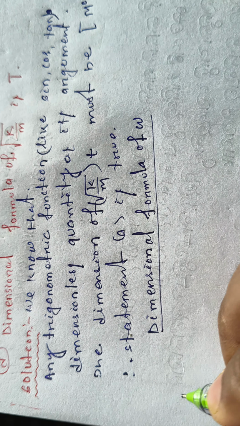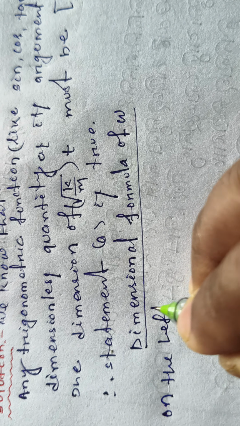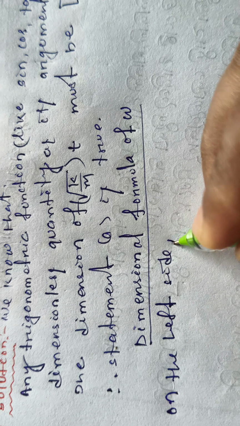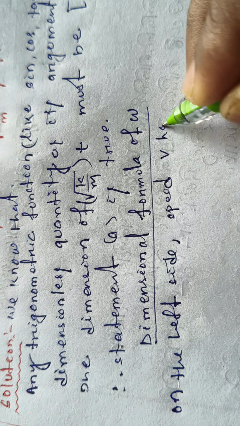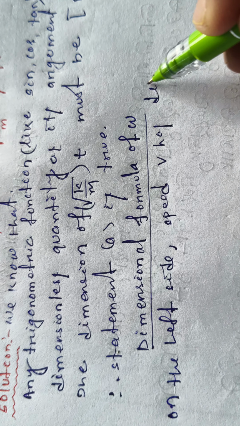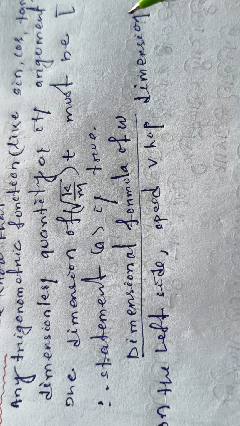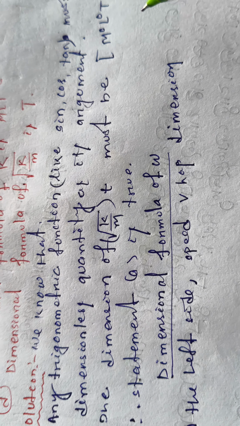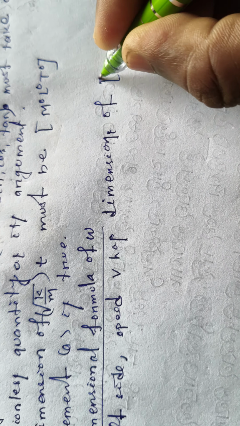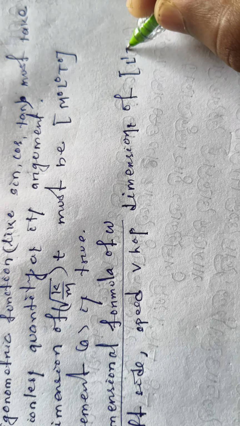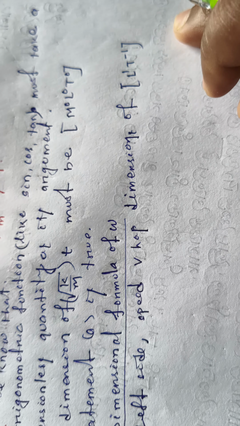That means on the left side, the speed v has dimensions L1 T to the power minus 1. This is the dimension of speed.